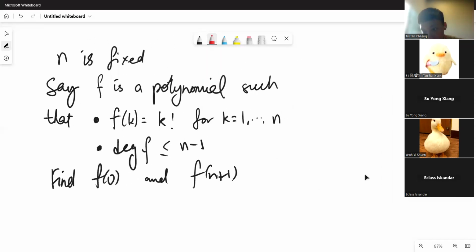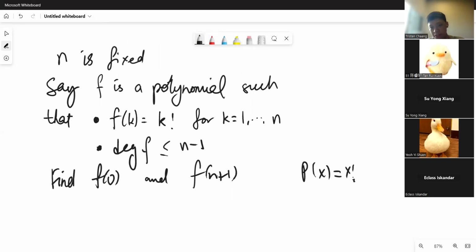Consider the polynomial such that p(x) equals x factorial. Well, the thing is, does that exist? There are a few problems with this. First of all, factorials are only defined for non-negative integers.